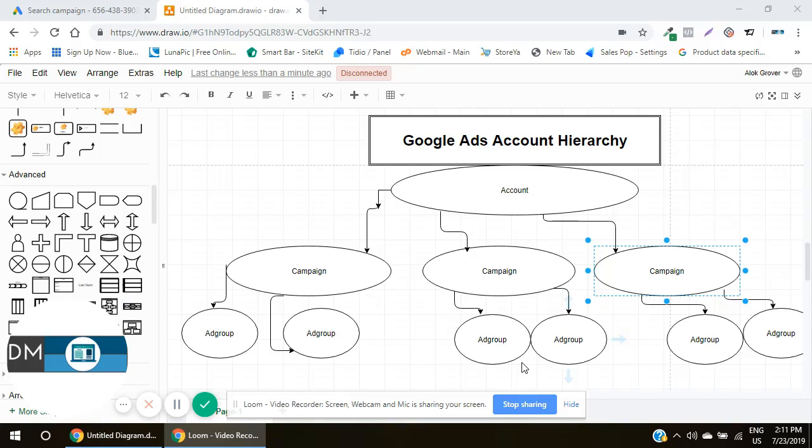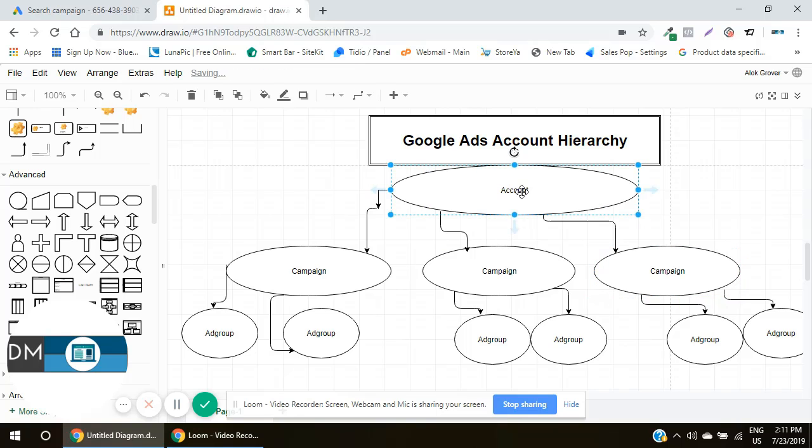Every level would have different items and different things that you need to take care of at every level. Like at the account level, you would basically be targeting the email, the time zone.